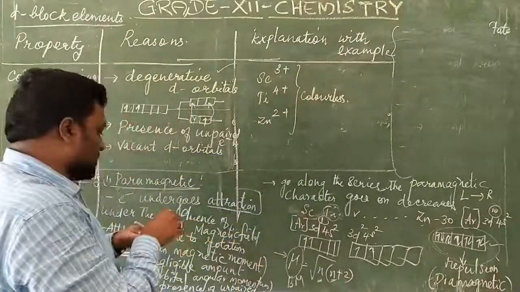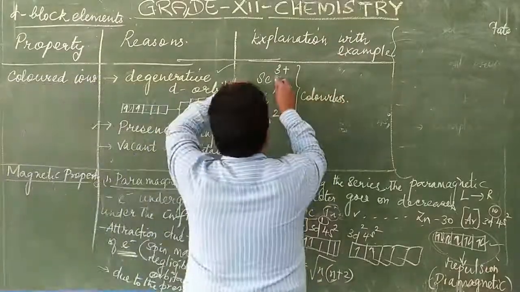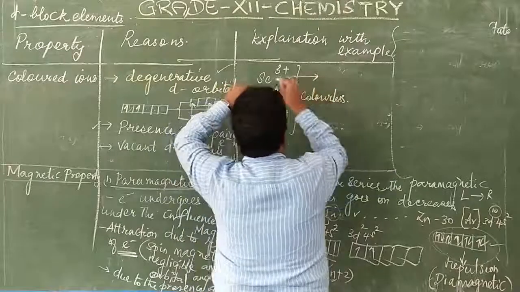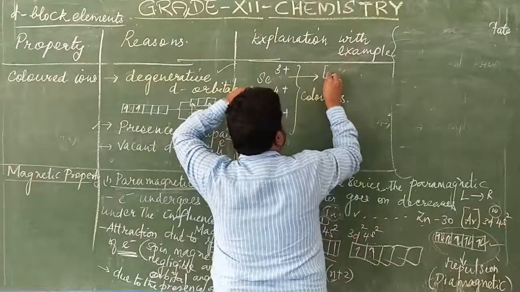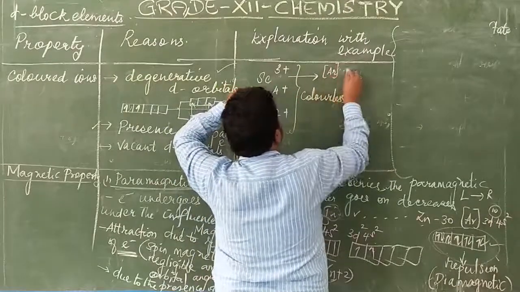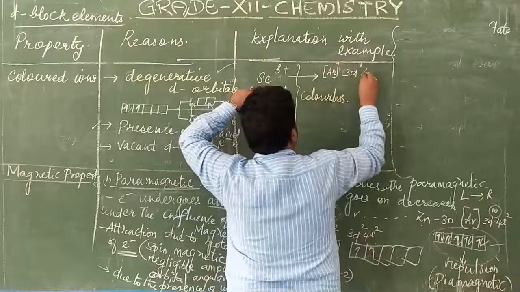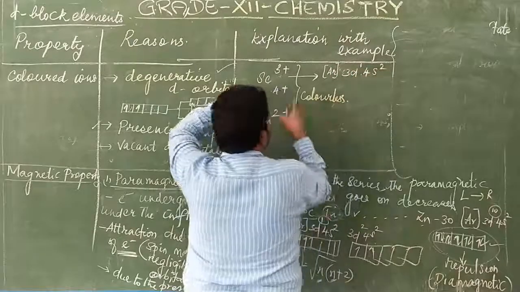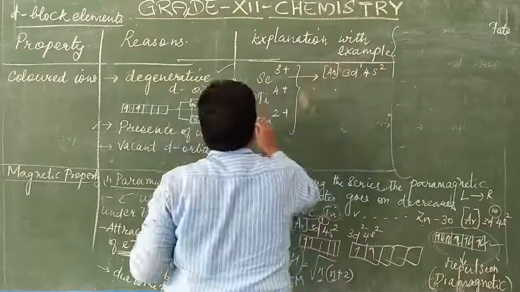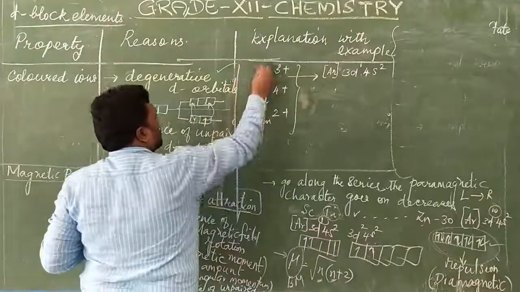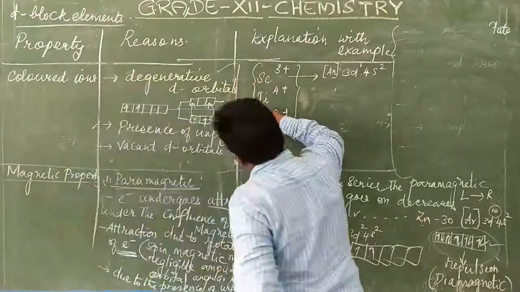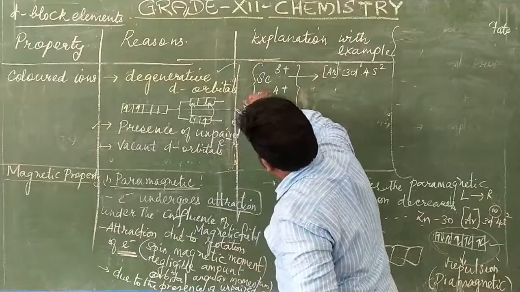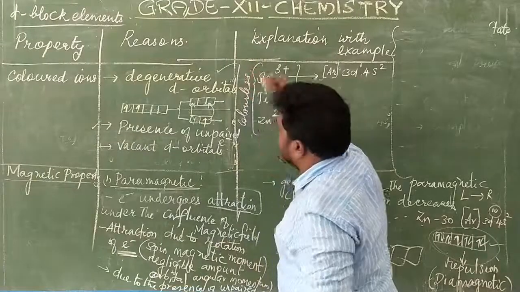All these three are what? Colorless. So now see, this has the argon configuration, 3d1 and 4s2. It tends to be colorless, isn't it?